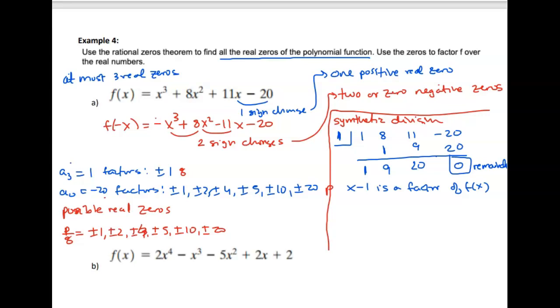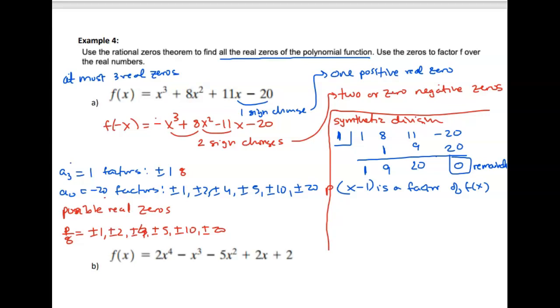Alright, so we know that x minus 1, so the 1 comes from here, right? So x minus 1 is a factor of the function, and why this is useful to use rather than just plugging in, because I could have plugged 1 into here and figured out the remainder of 0. But why this is useful is that this gives you the answer to the division.